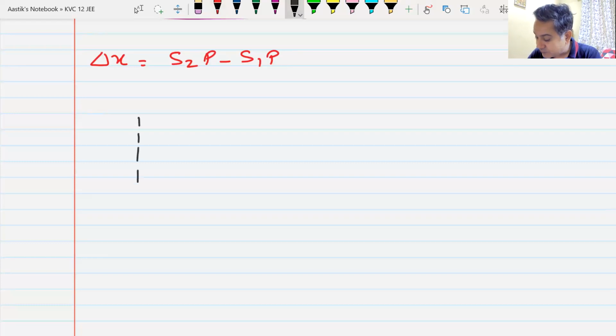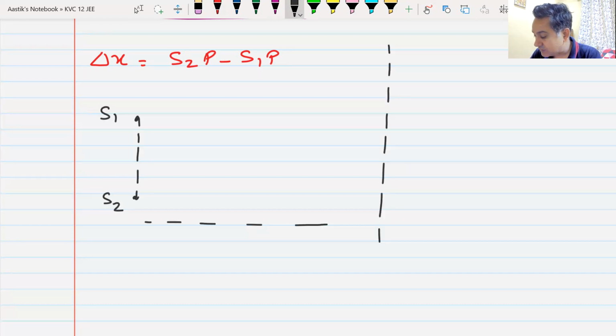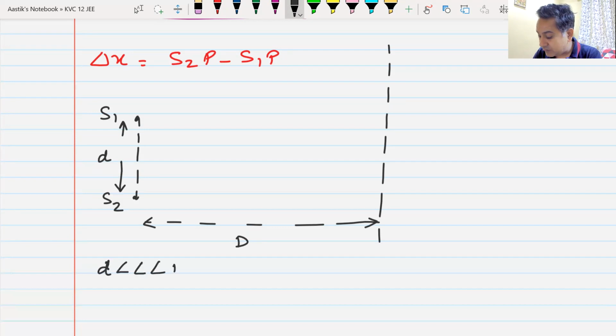Let me try to make sense. So here I have the two points, S1 and S2. And here I have this screen, which is at a distance capital D. Now remember, the distance between the two points, small d, is very, very small compared to this capital D. Do we understand this?